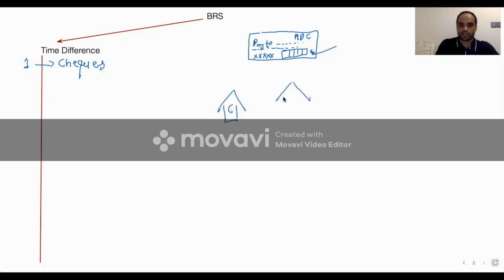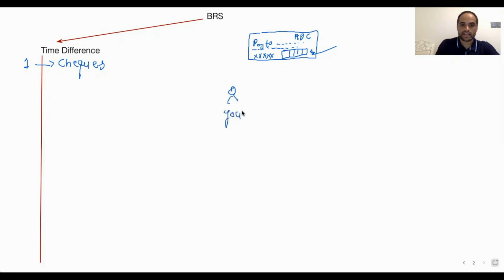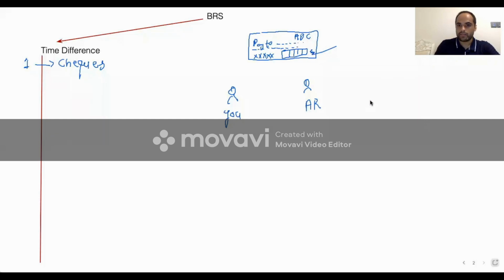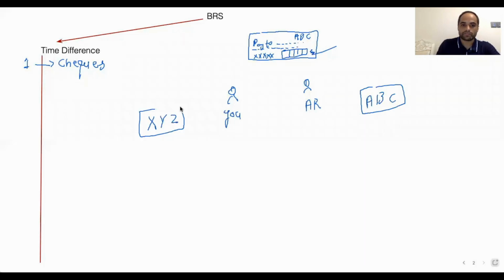And that is your accounts receivable. So accounts receivable has a bank. The bank name is ABC. That's the accounts receivable's bank. And your bank account, your bank name is XYZ, right? So when accounts receivable makes you payments, accounts receivable will use this check.